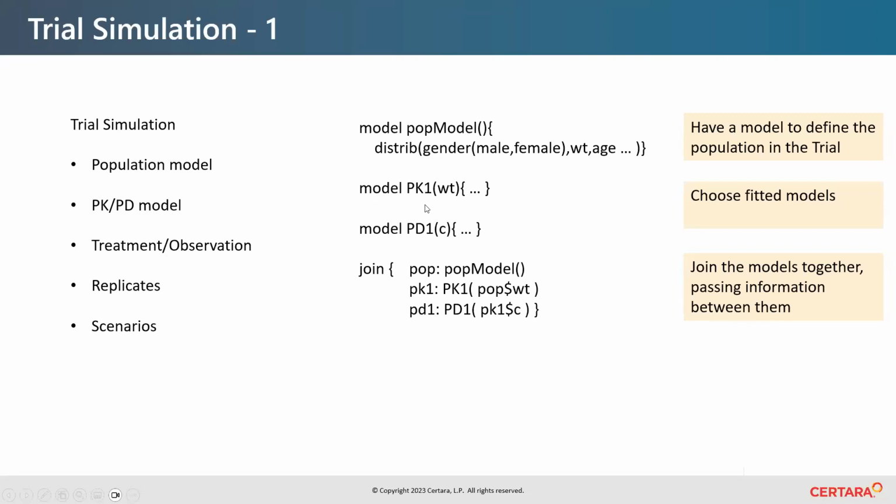You can have any number of models here, but typically there's one or two. And then, how do you connect them all? There's a join statement that joins them all together that says that the covariate weight comes from the population and goes into the PK model, and the concentration goes into the PD model. And so those are connected.